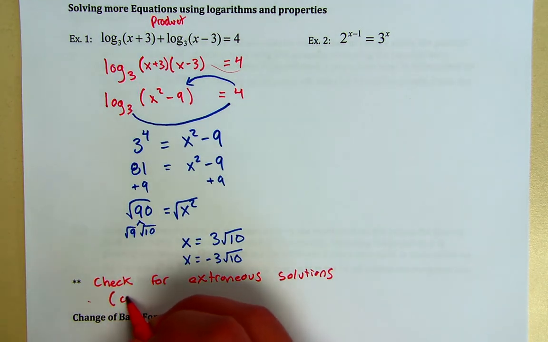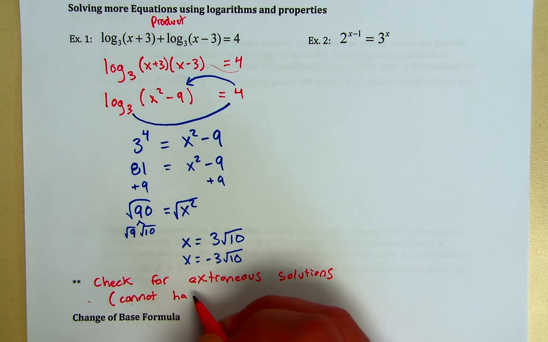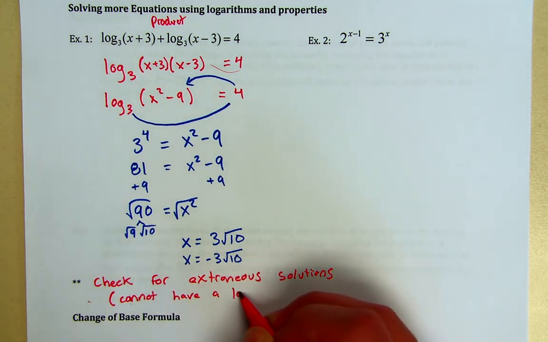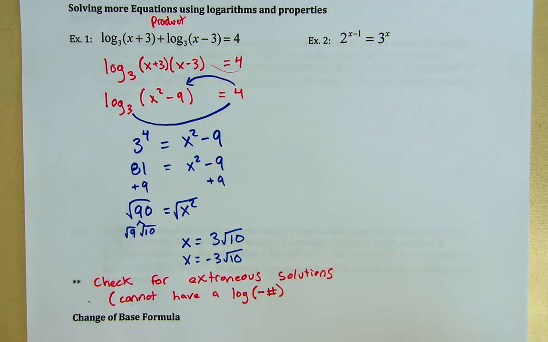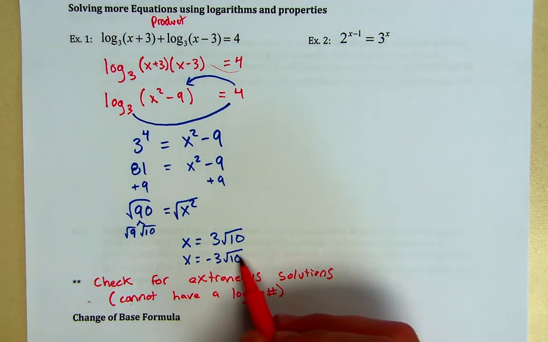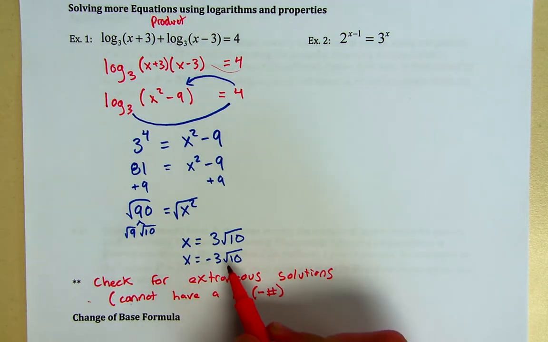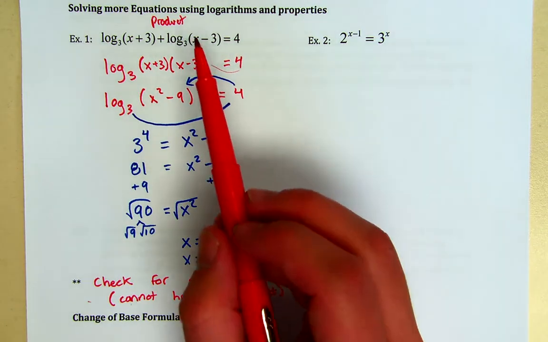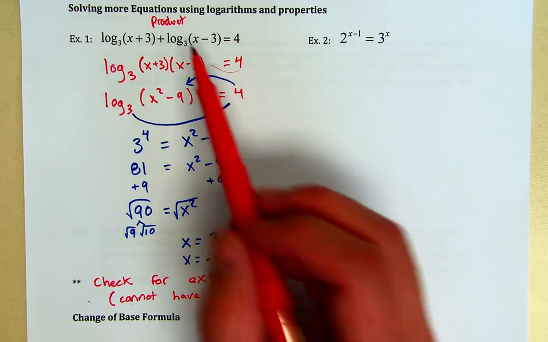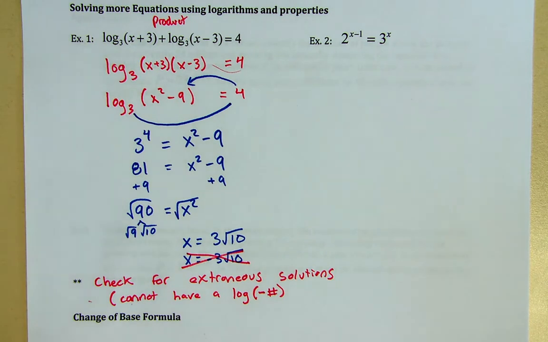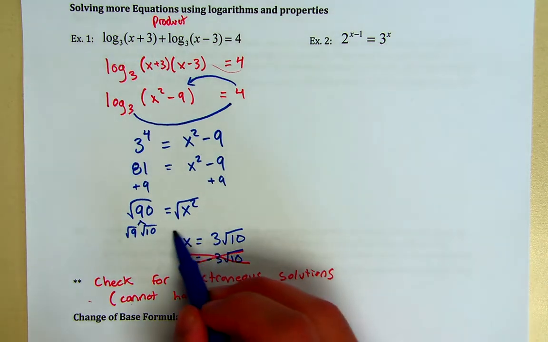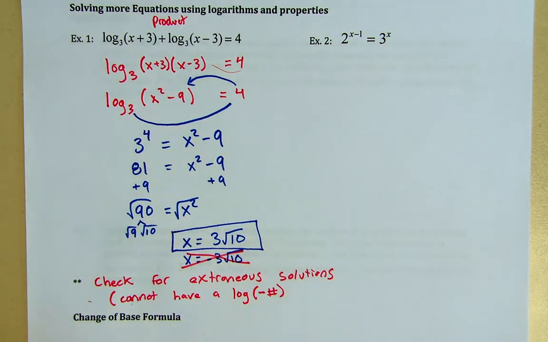What this really means is that you cannot have a logarithm evaluated at a negative number. So if I were to put x equals negative 3 root 10 back in here, I would be evaluating this logarithm at a negative number. So this is no good. I can only end with my answer as x equals 3 root 10.